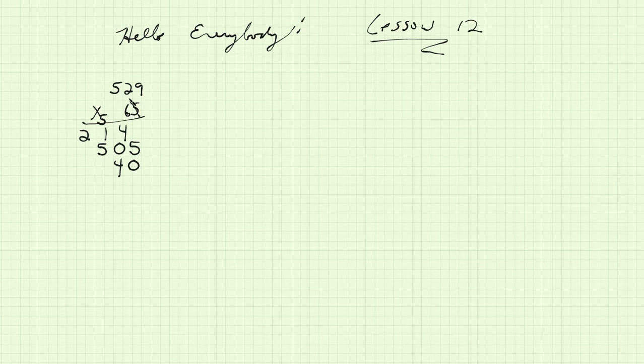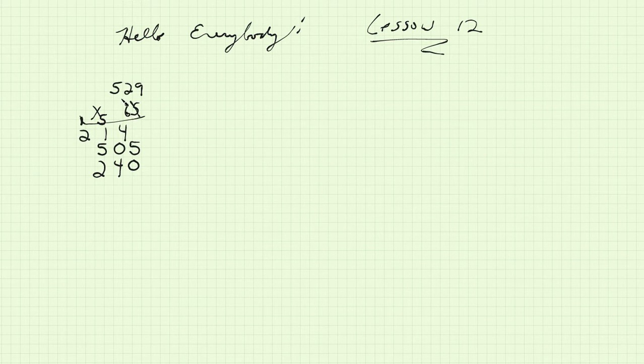Now 6 times 2 is 12, but this is 6 tens times 2 tens. That's going to be 12, and then 10 times 10 is 1200. That's why 6 times 2 is 12, and the 1 gets added to the thousands place.